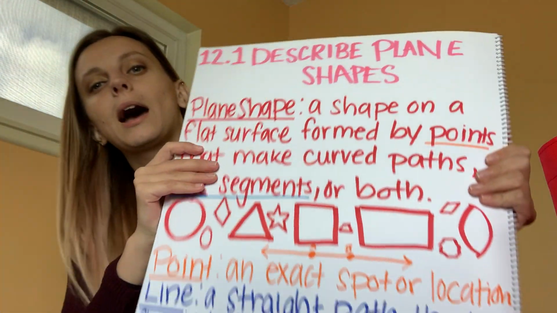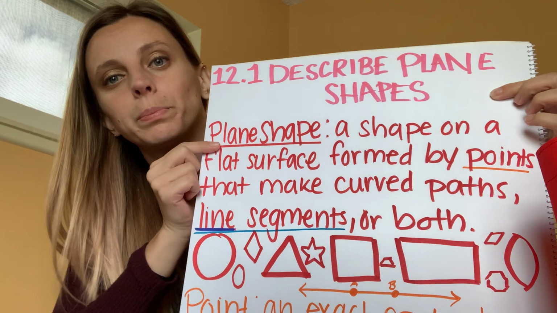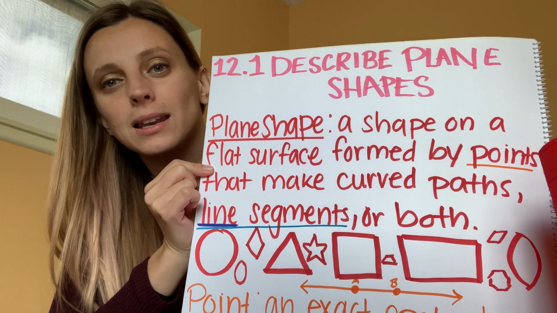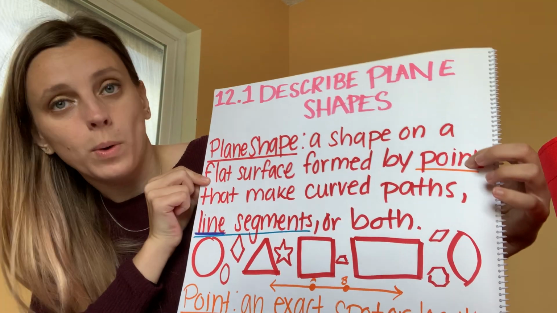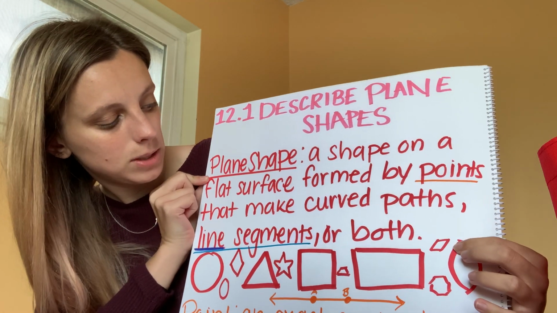So today is 12.1, and we're going to work on how to describe something called plane shapes. A plane shape is a shape that is on a flat surface, and it is formed by points that make curved paths, line segments, or both.